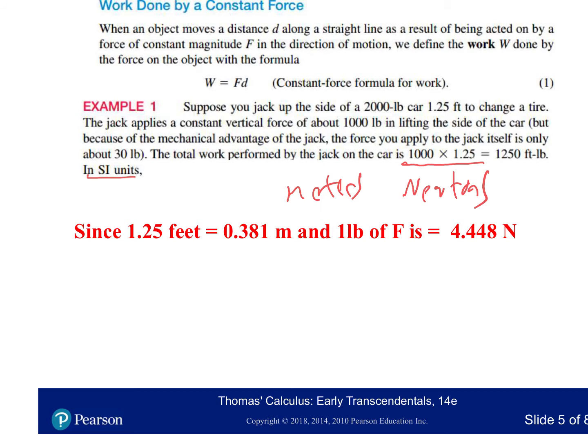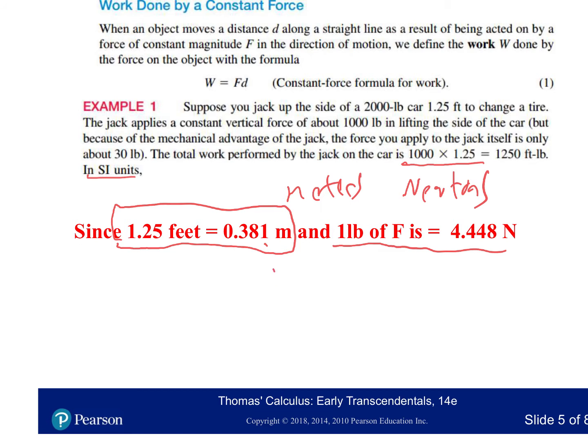I did some calculations in advance, and 1.25 feet is actually 0.381 meters, rounded. And 1 pound of weight in the English system is the same as 4.448 newtons.